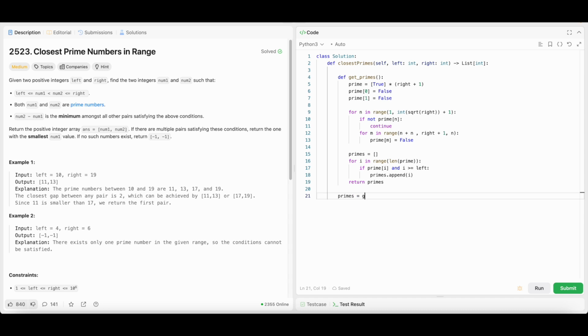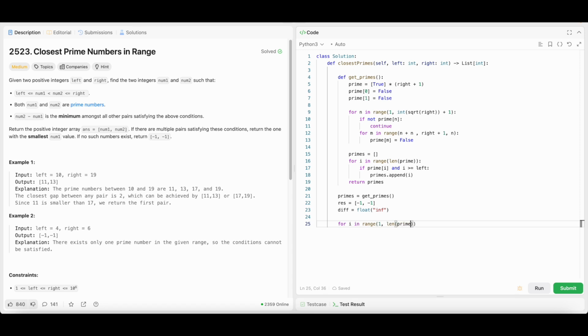So now we have defined that function. We'll use that function to get all the prime numbers, and then we will initialize the result as -1 and -1. And the difference initially, we'll call it float of infinity. So now we will look for the smallest difference.